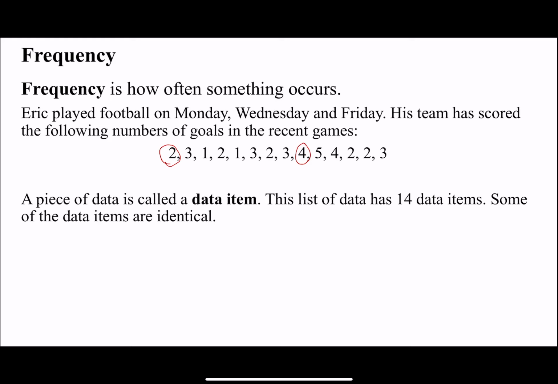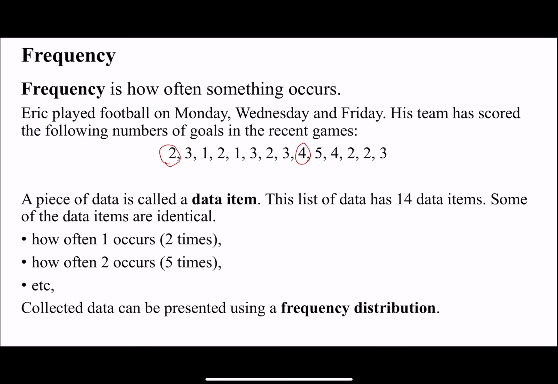If I want to see how often a data item happens, I call that frequency. For example, how often one occurs, score one. If you look at the data, you see that the score one happened twice, right? So the frequency of the score one is 2. How often does 2 occur?